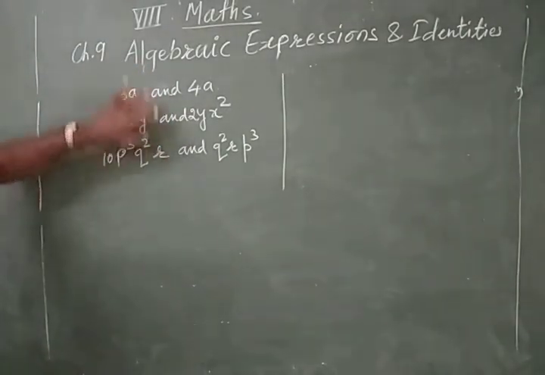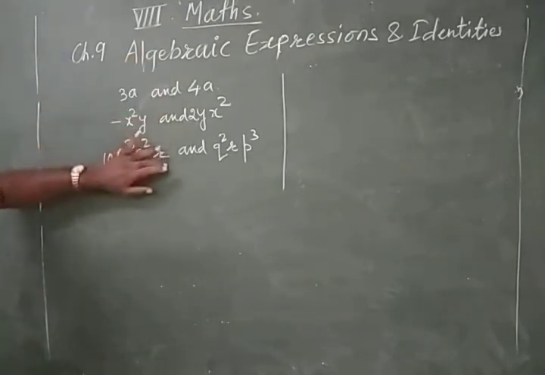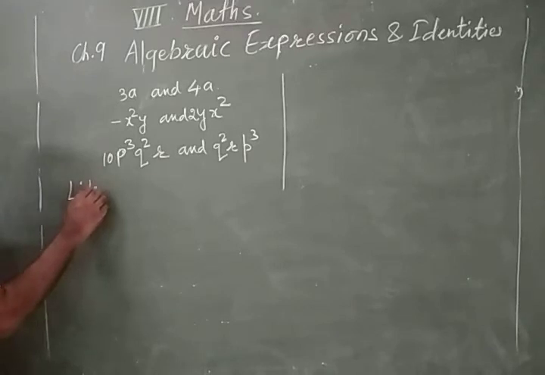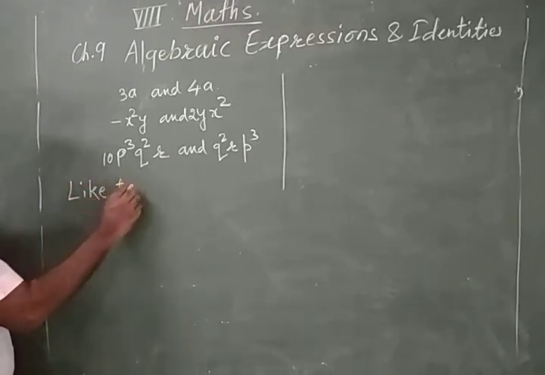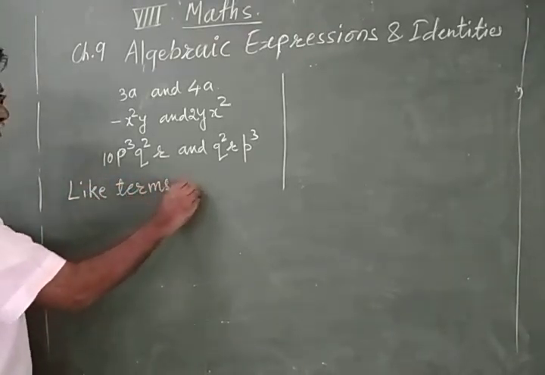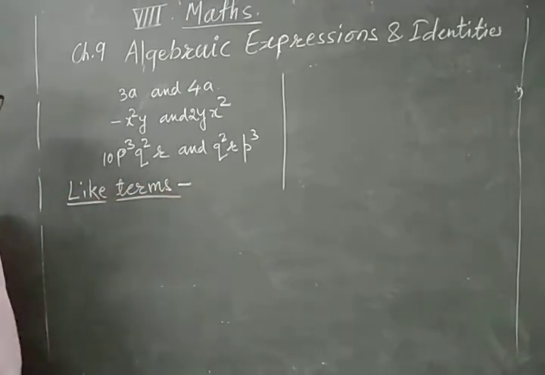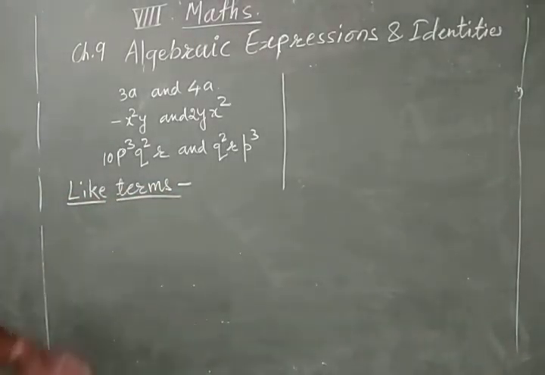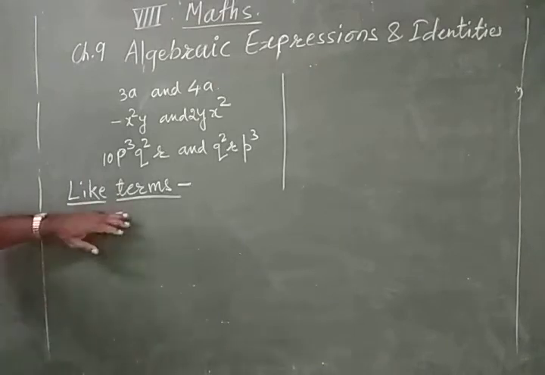So such type of algebraic expressions, monomials, are called like terms. And how will you define them?